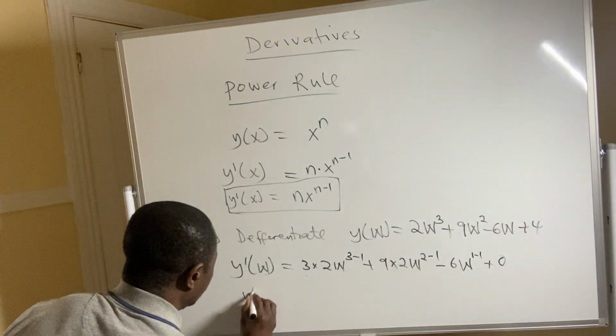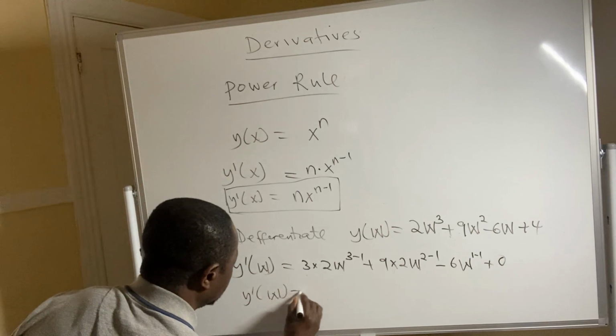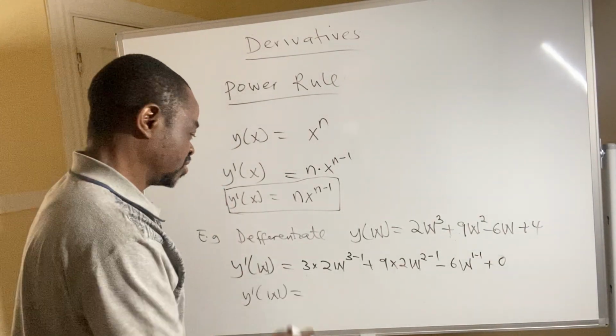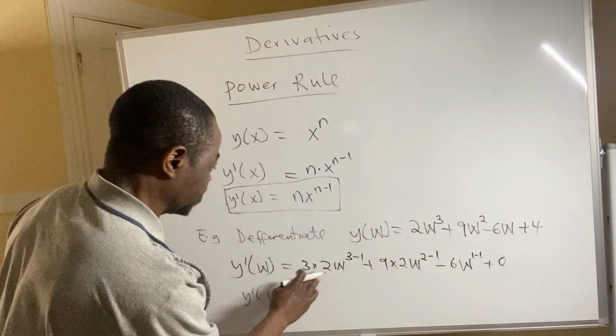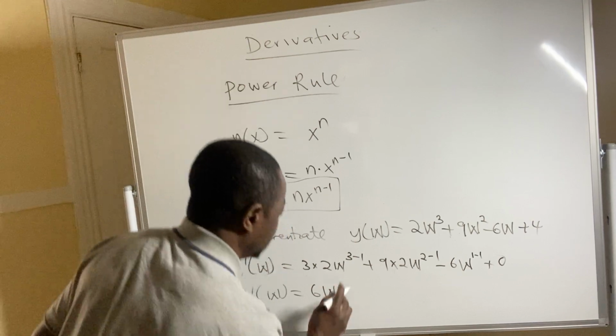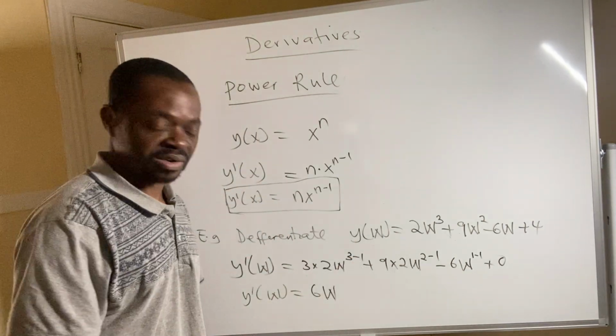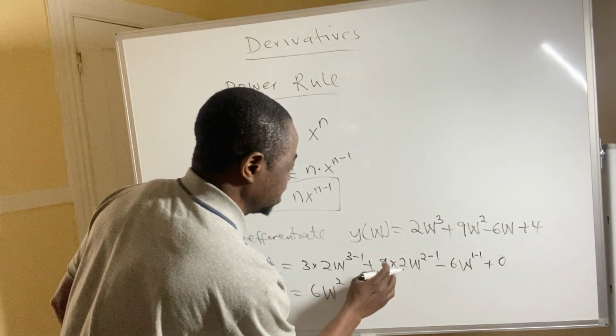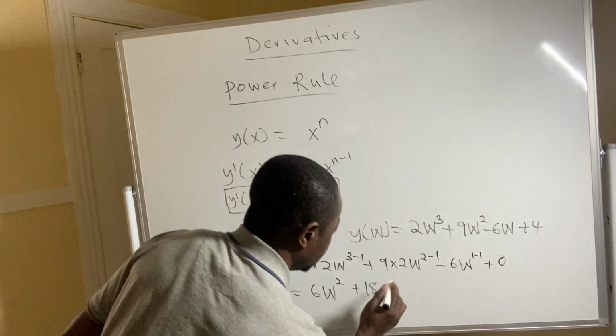So y prime of w is equal to, so we just solve it. This by that gives us 6w. Then when you take 3 minus 2, 1, that gives us 2. Then plus 9 times 2 gives us 18.